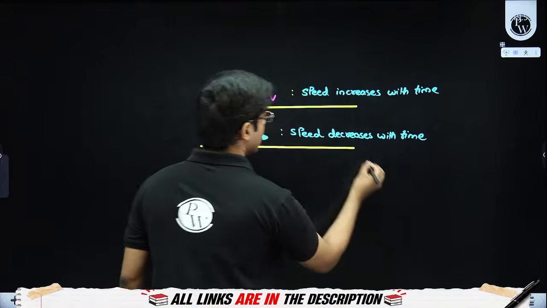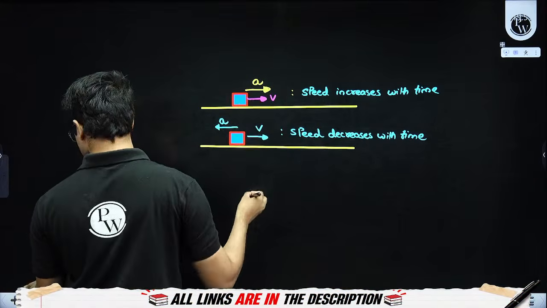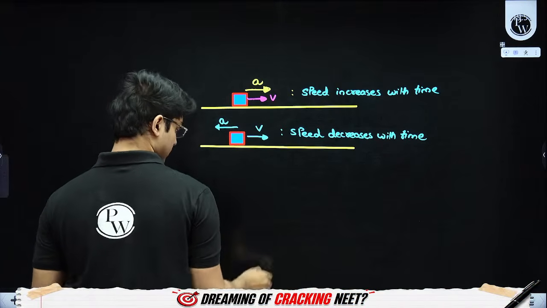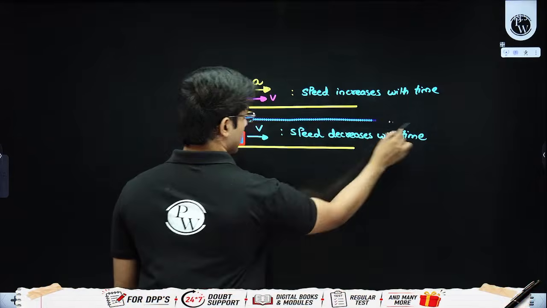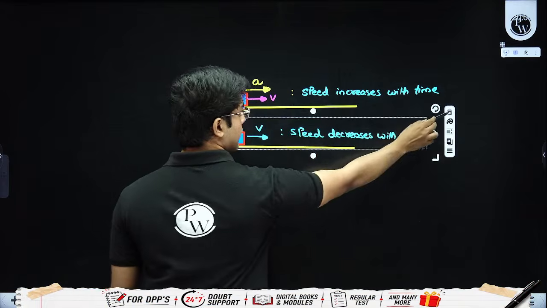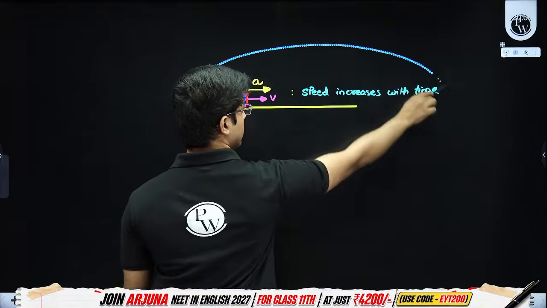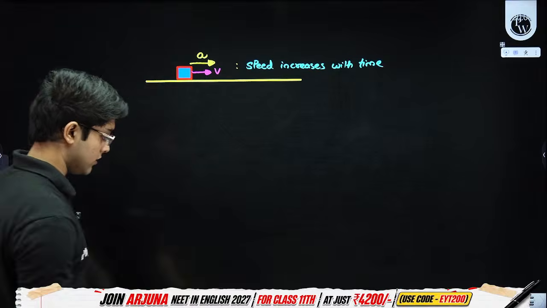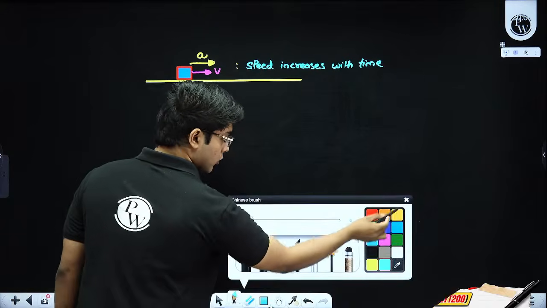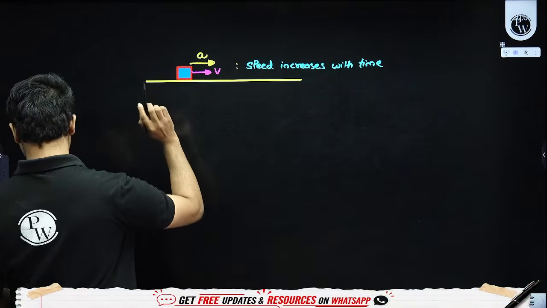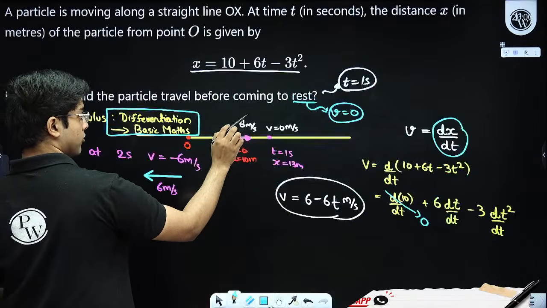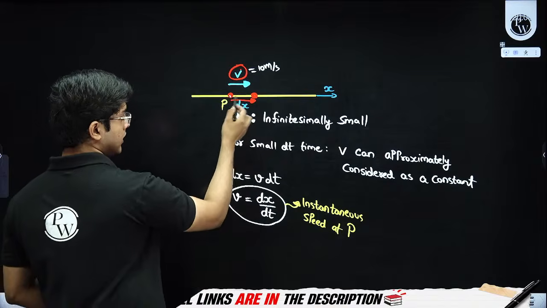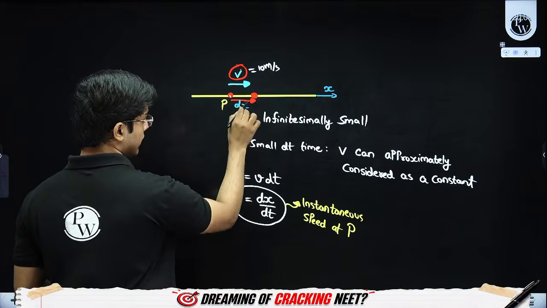Now in the first example, let's look at the relationship between acceleration and velocity. Here we will do a similar analysis to what we did in the earlier slide, where we wrote velocity as the rate of change of position, dx by dt.